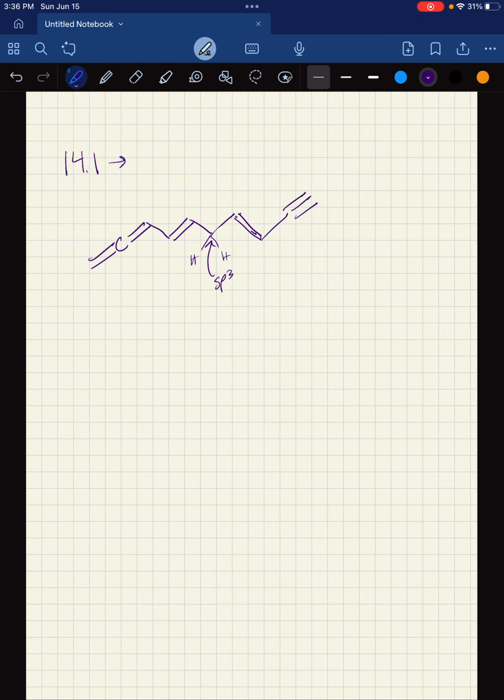So that means you'll have a pi system over here with 4 pi electrons, again, because we have a triple bond. So 2 of those pi electrons will be in the same plane as this double bond here. And then you'll have another one with 2 pi electrons, which will be your other pi bond in your triple bond.